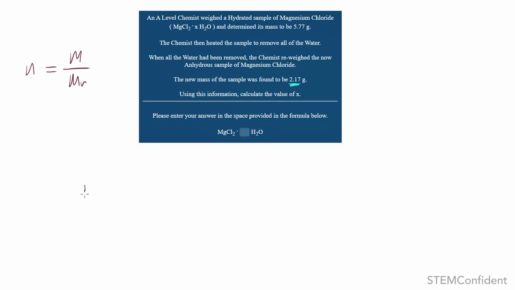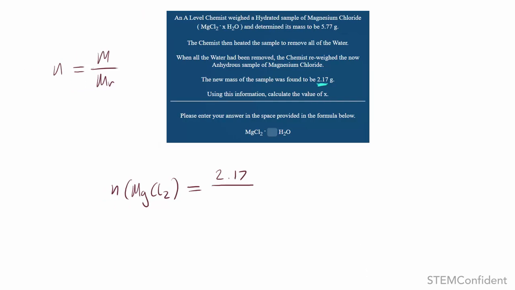So the number of moles for MgCl₂ is going to be equal to the anhydrous mass, 2.17, divided by the molar mass. And to figure out the molar mass in this context, I'd be referring to the periodic table.